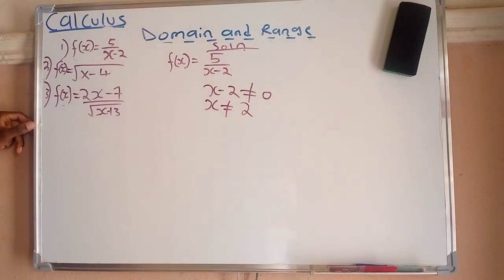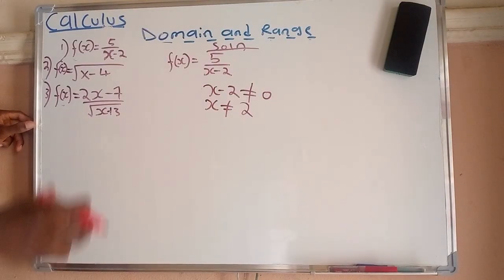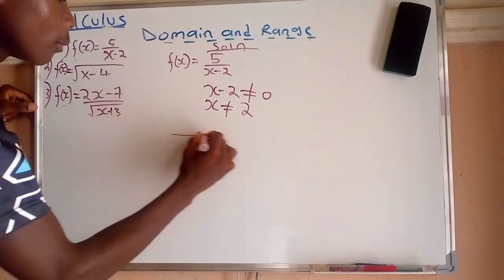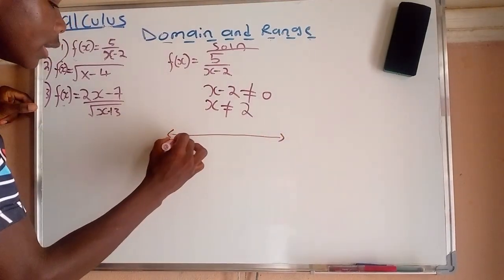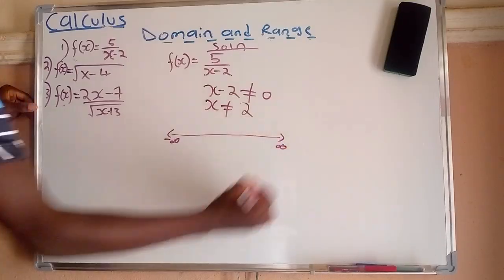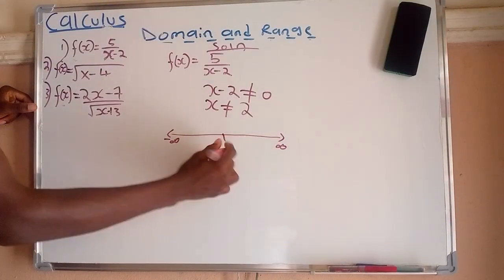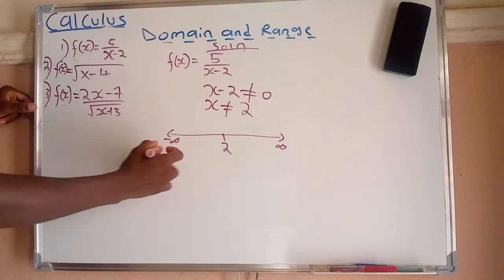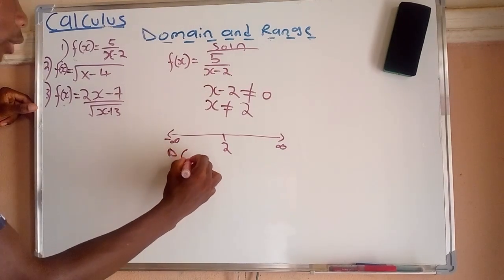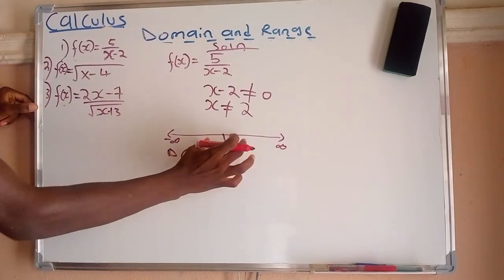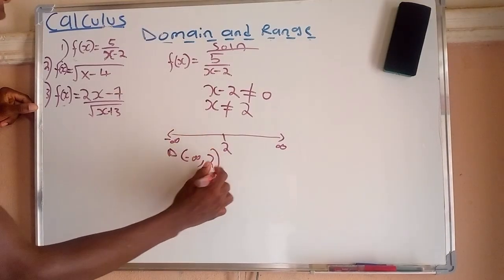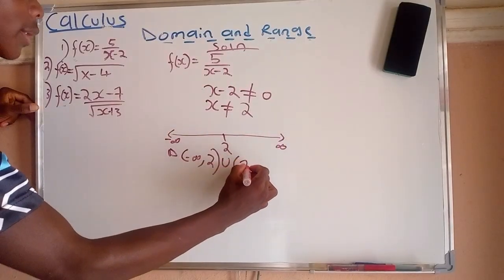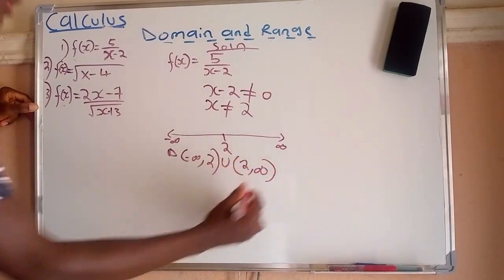Therefore the domain of this function f of x equals 5 over x minus 2 excludes positive 2. We also know that the domain of a function is a set of real numbers. So to set it in interval form, we can say negative infinity, comma, 2, union 2, comma, positive infinity.